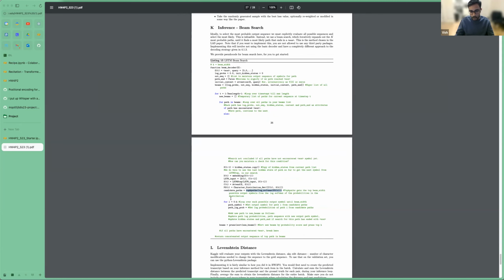Then for these candidate paths, you ask what possible symbol, if used for those 3 paths, is going to give you the maximum probability for those sequences, and then you use that path. You repeat this for every time step, so it's a little more involved, if that makes sense.